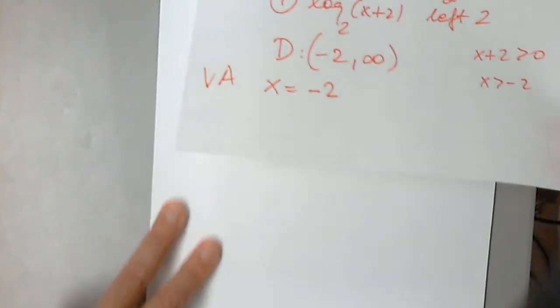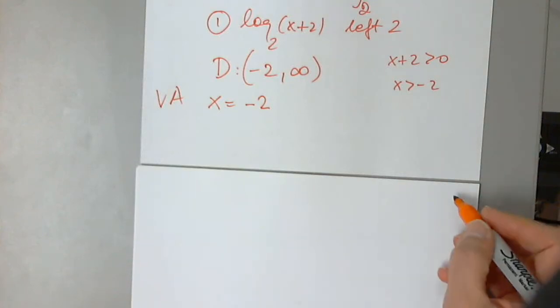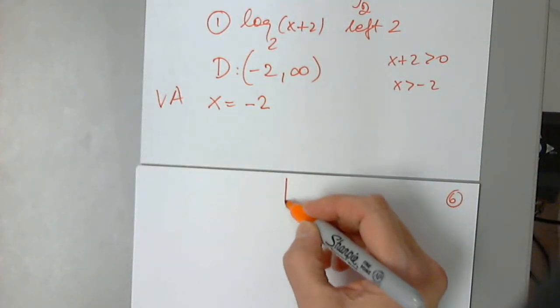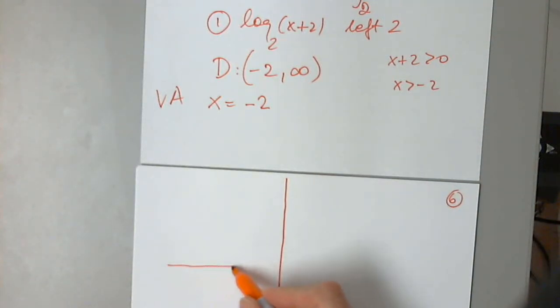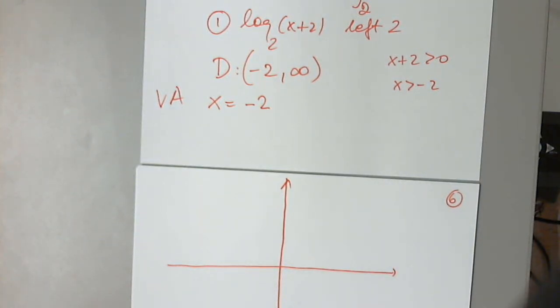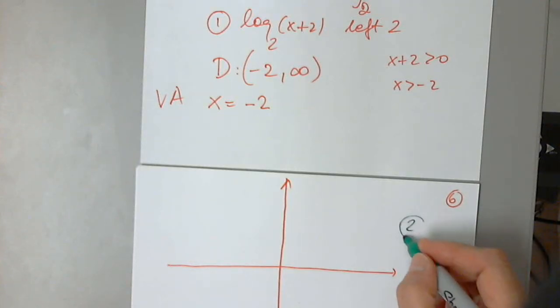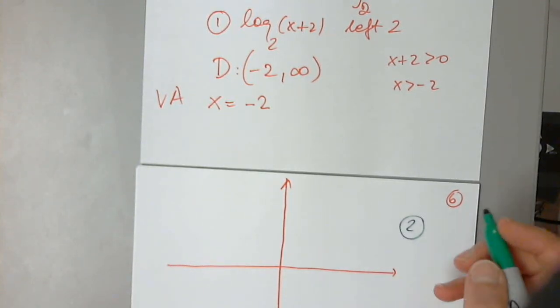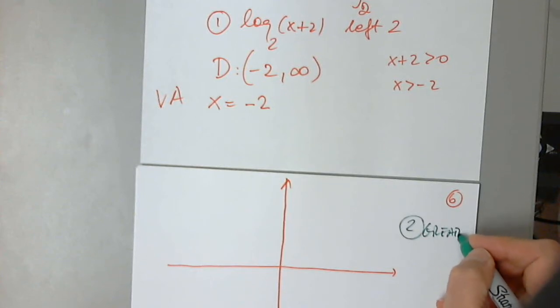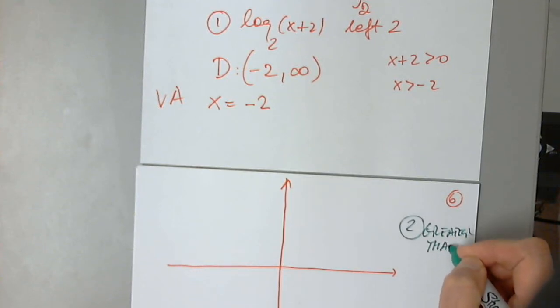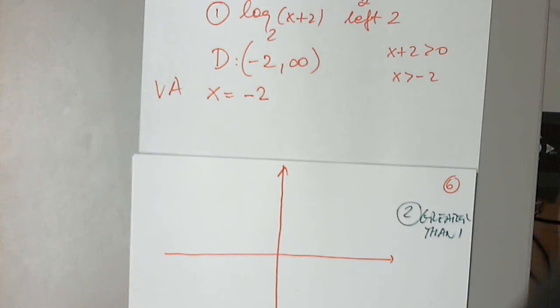Is the graph of log base 2 increasing on all its domain or decreasing on all its domain? And how do we know that before we even graph it? Increasing because the base is greater than 1. Thank you. The base is greater than 1, so it must be increasing.